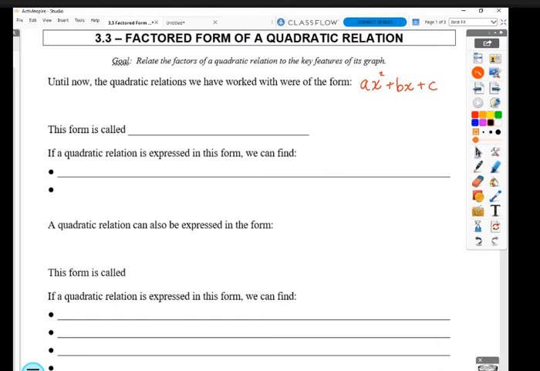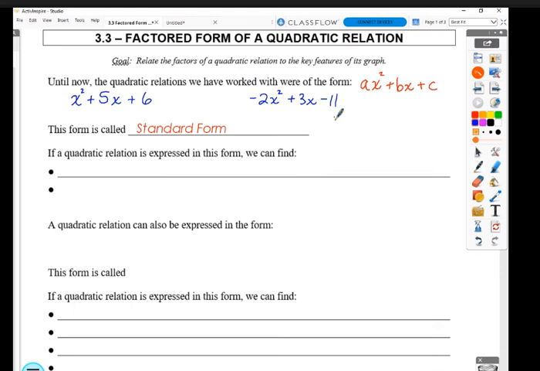We call that standard form in quadratics. Usually, a good chunk of the time, quadratics will be in that form. For example, x squared plus 5x plus 6, or sometimes negative 2x squared plus 3x minus 11. Those are quadratics in standard form.